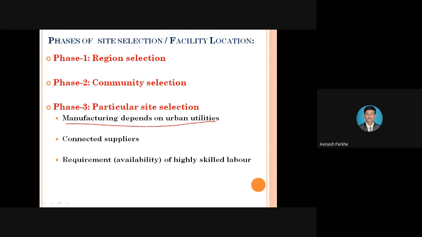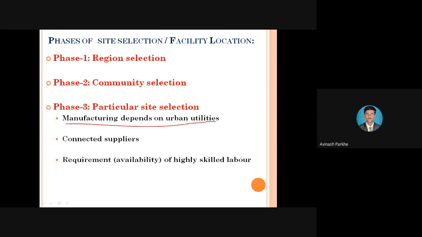Because whenever I have to start an industry in the urban areas, the cost of land is very, very high. As you know, if you take the example of Pandharpur, and I have to purchase land near that area, there is a maximum cost to purchase that land.